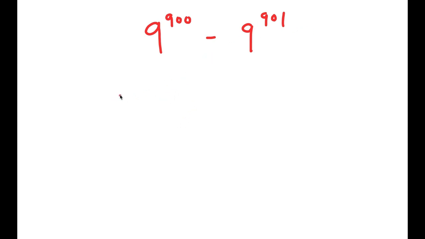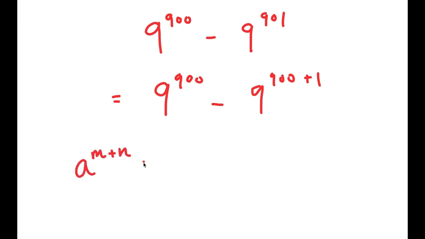We can use properties of exponents to do this. So I'm actually going to rewrite 9 to the power of 901 as 9 to the power of 900 plus 1. And now I can use the exponential property a to the power of m plus n is equal to a to the power of m times a to the power of n.